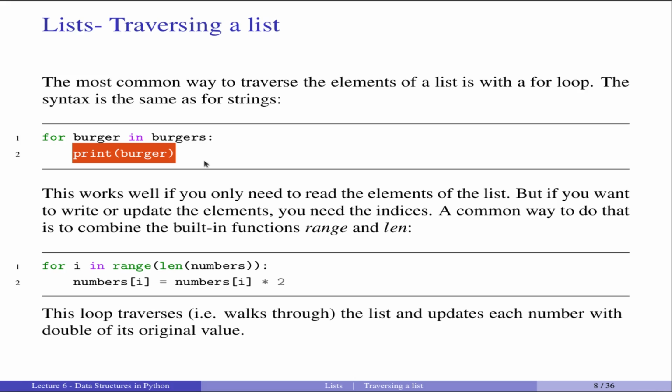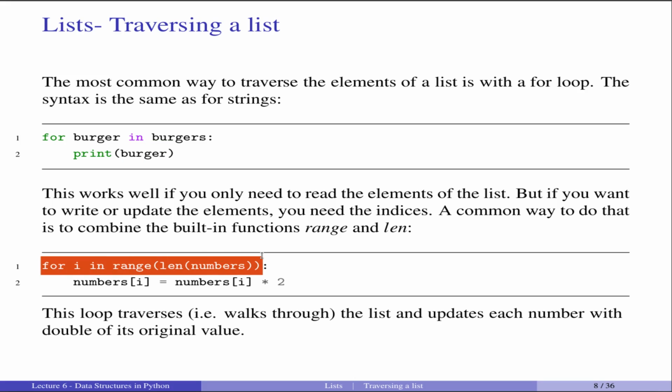This works well if you only need to read the elements of the list. But if you want to write or update the elements, you need the indices. So a common way to do this is to combine the built-in functions range and len. Notice that we see another way: for i in range of len numbers. len is a new function. This function returns the number of elements in a list.